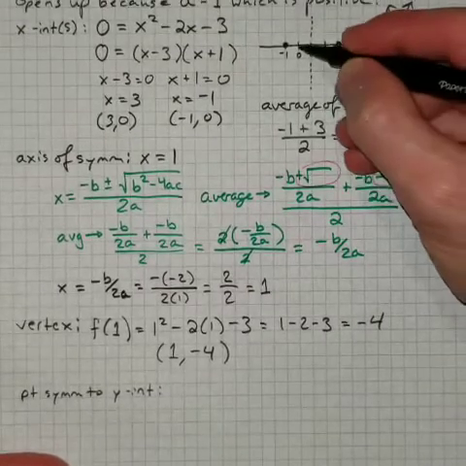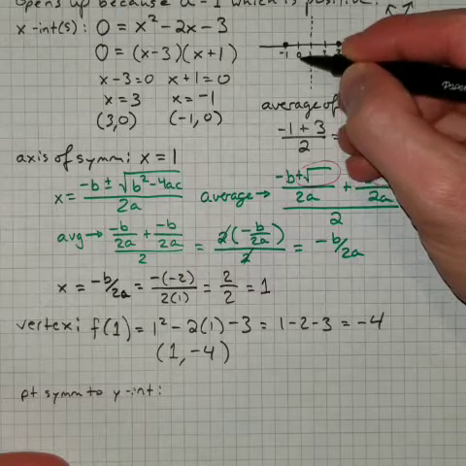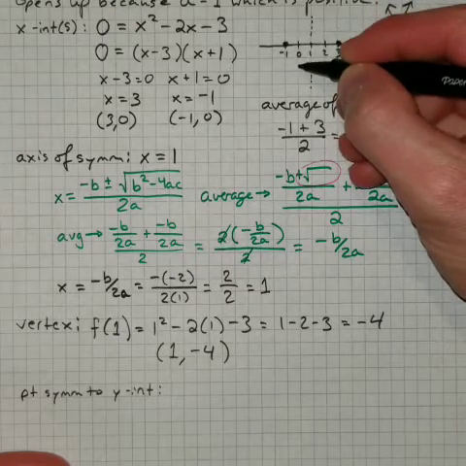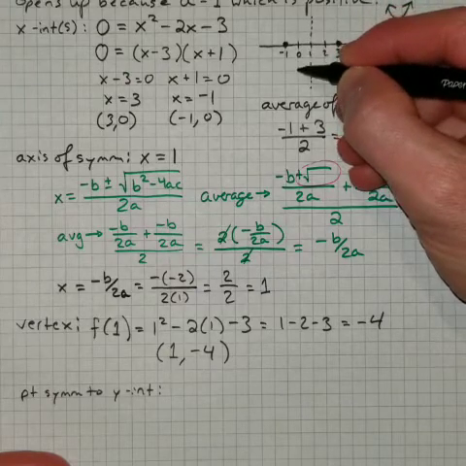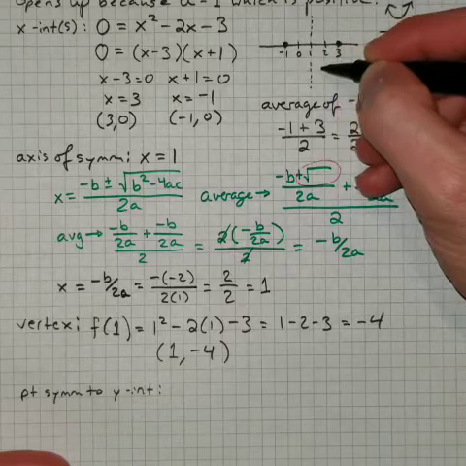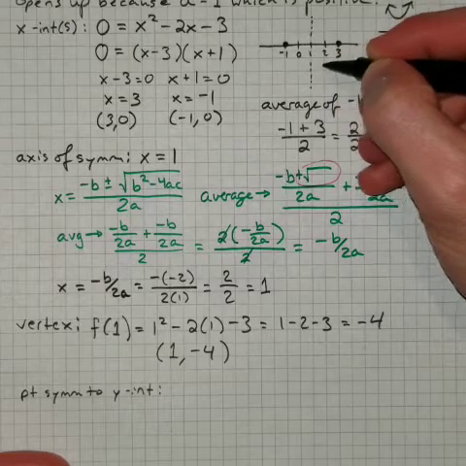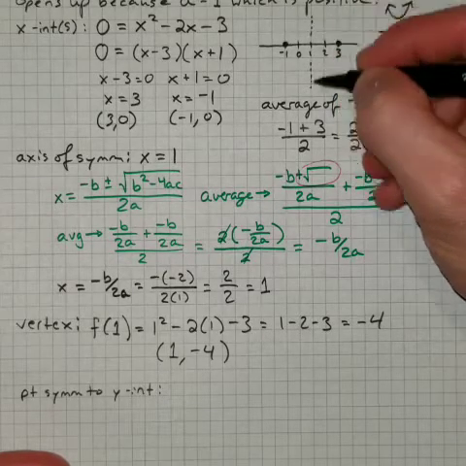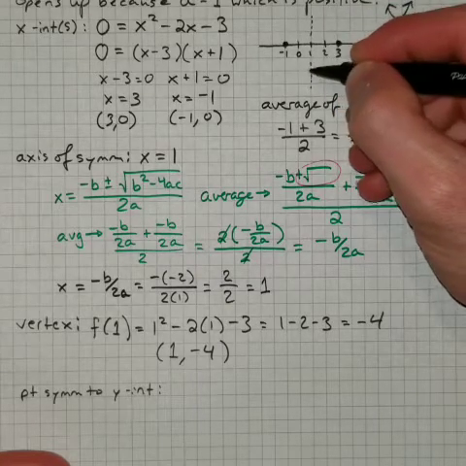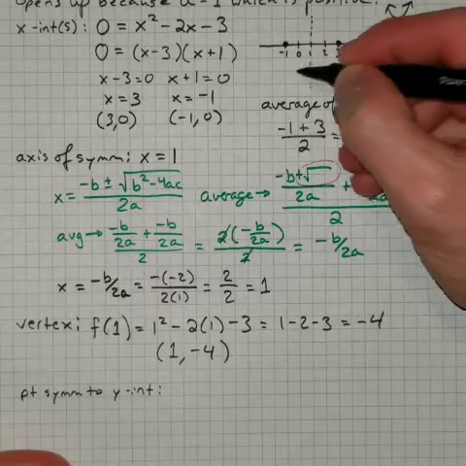The y-intercept is on the y-axis here at 0. Wherever that ends up, it's going to have a symmetric point in equal distance on the other side of the axis of symmetry. But it's going to have the same height, right? It's just going straight across.